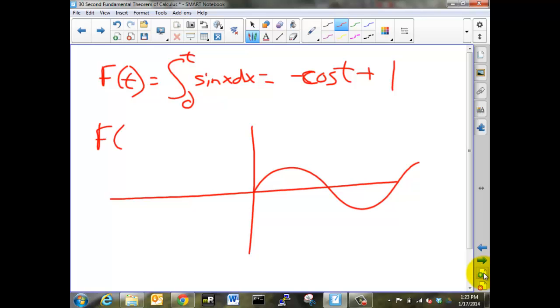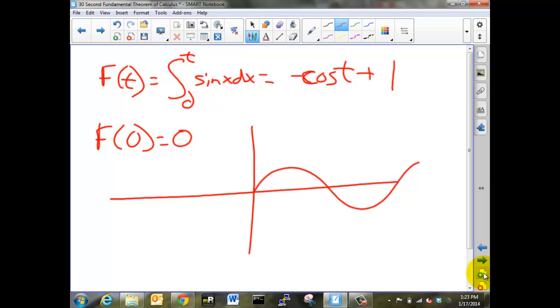All right, let's go to our next question here. What is f of 0? To evaluate f of 0, we're just going to plug 0 in here, right? What are we going to get? Negative 1 plus 1, we get 0. Now, we're going to tie this to the graph. We got this function by integrating, right?